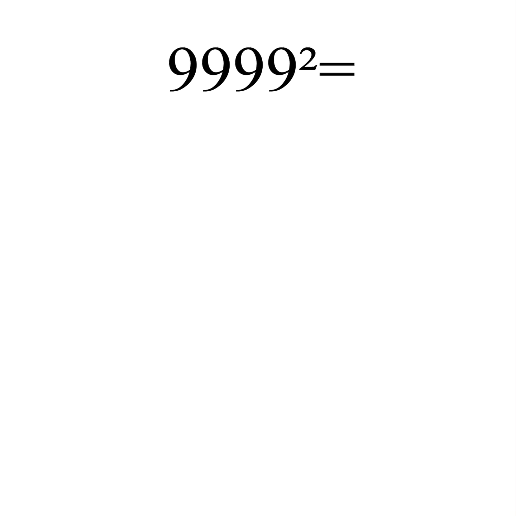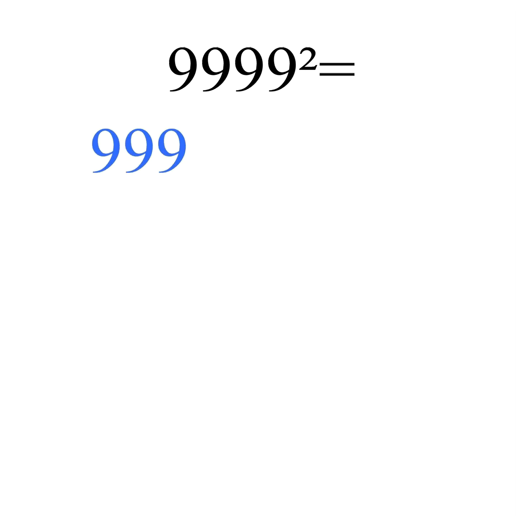Here, first we count the number of digits. Here we got 4 digits. Okay, now we decrease it by 1. So 4 minus 1 equals 3, and we write down 3 9s here.